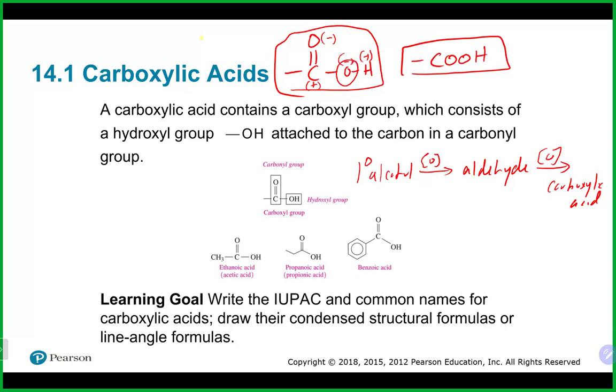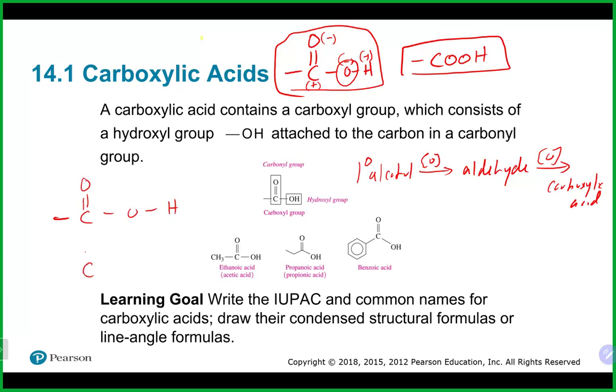to make this functional group. Now, because it does consist of both of these groups, it gives the carboxylic acid some very special properties, including the idea that it can hydrogen bond very, very well in multiple locations, which makes it very, very soluble, for example, in water. It also can hydrogen bond with itself in multiple places as well.